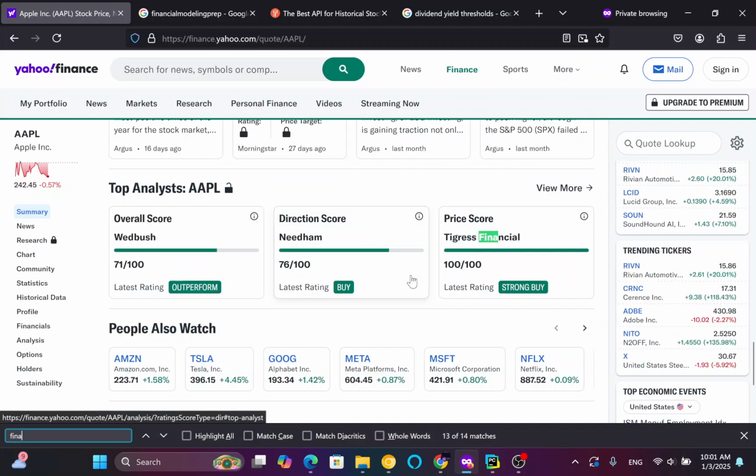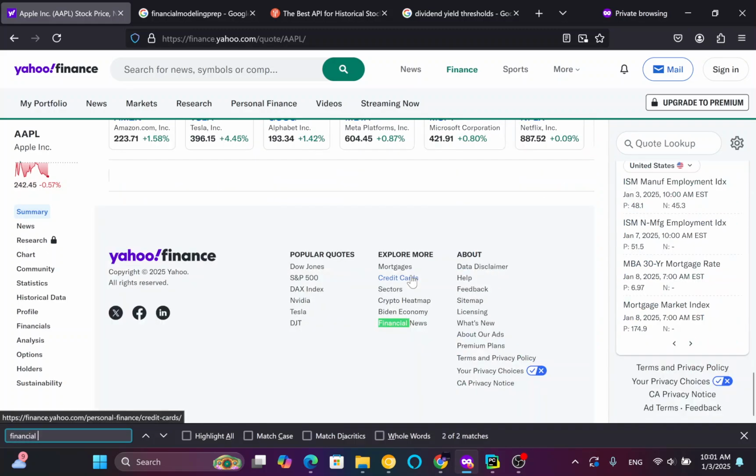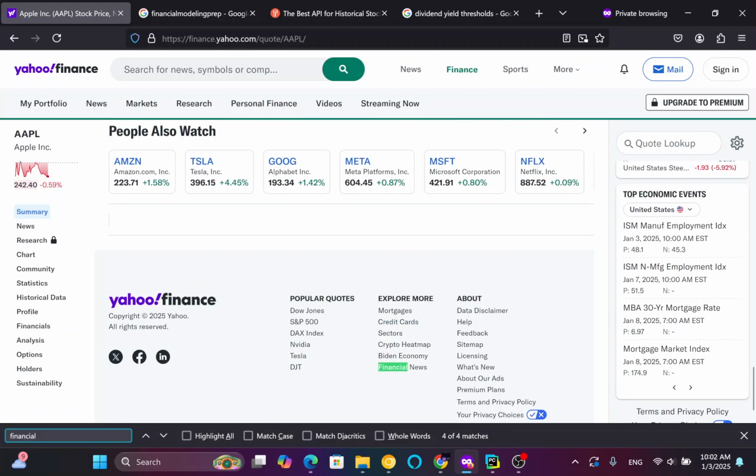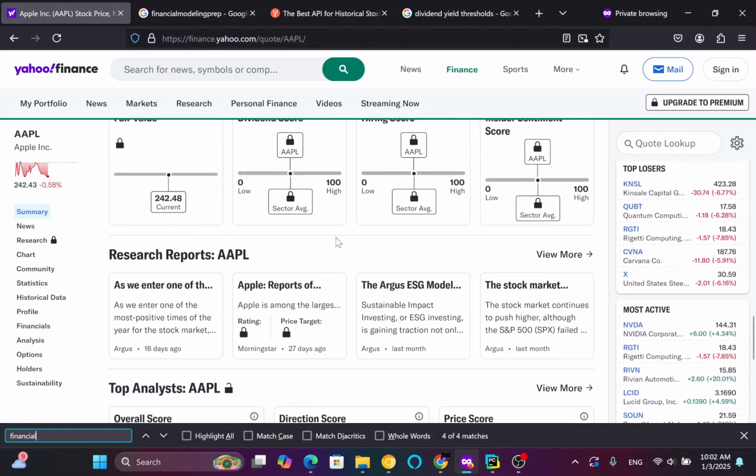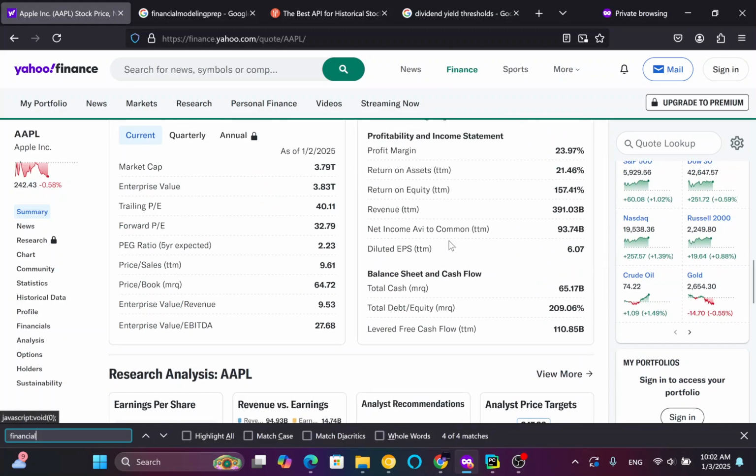Let's search it here. It's not available with this name, but companies, as I mentioned in my previous video, publish their financial results either quarterly or annually.